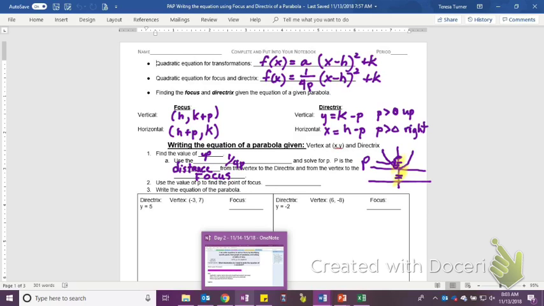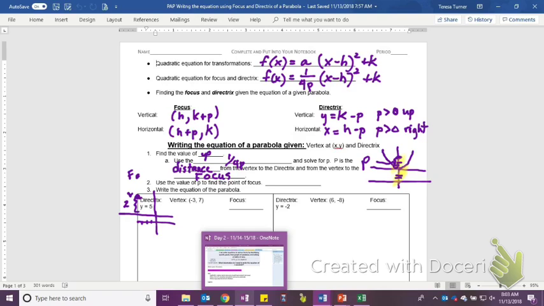So given that information, we can now write the equation of a parabola. If we know that the vertex is at (-3, 7), and the directrix is at y equals 5, the distance from the vertex to the directrix is 2. So the distance from the vertex to the focus will also be 2.